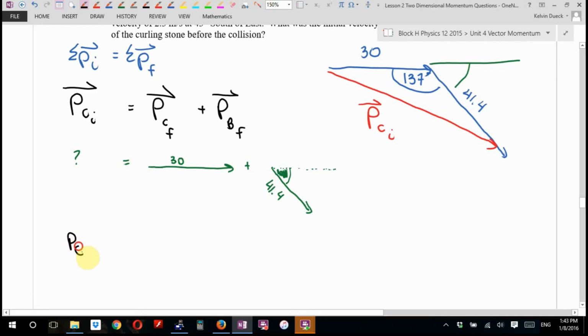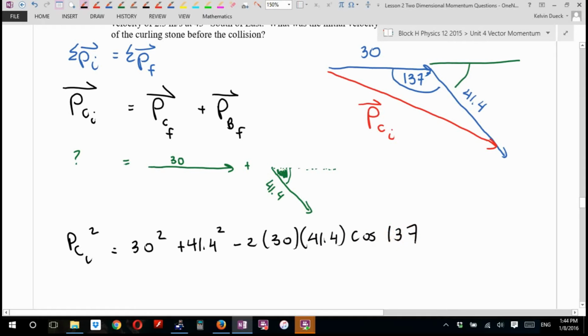What I'm trying to find squared equals what I know squared plus the other thing that I know squared minus 2 times what I know times the other thing, cosine of the angle inside the triangle.